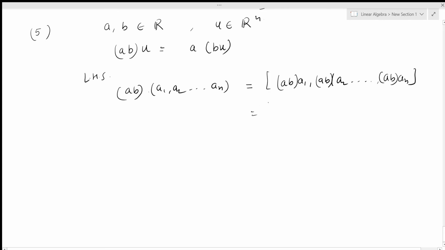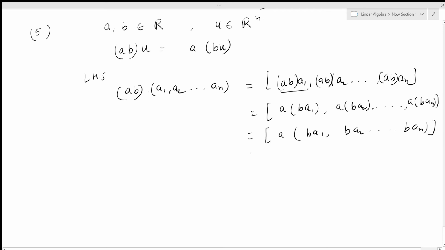Now we can write this as A outside and B A1, A outside B A2 and so on A outside B An. Now collectively we can write this as A into BA1, BA2 and BAn, and this can be written as A into BU. So basically this property is also satisfied. Now next one, all properties are similar, just you have to follow one procedure only.